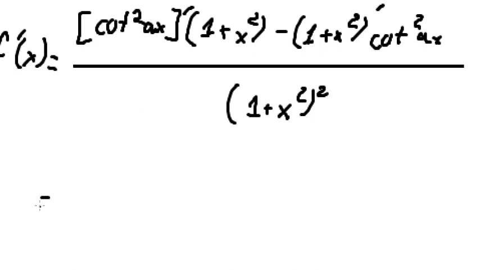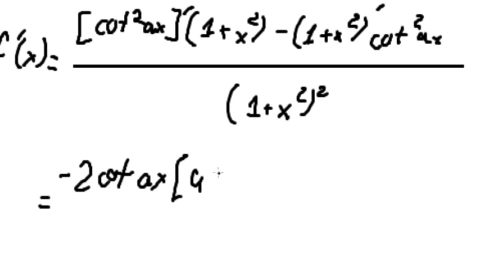First derivative of cotangent s squared, we have number 2 in here, and we have cotangent s. So we do first derivative of cotangent s. We will have negative, and we have cosecant of s squared in here.